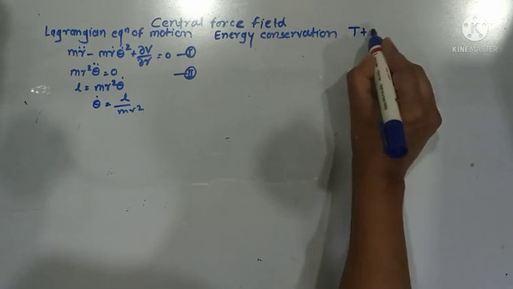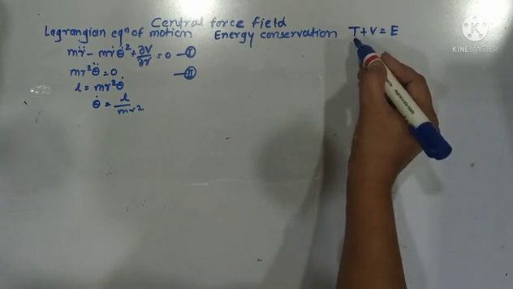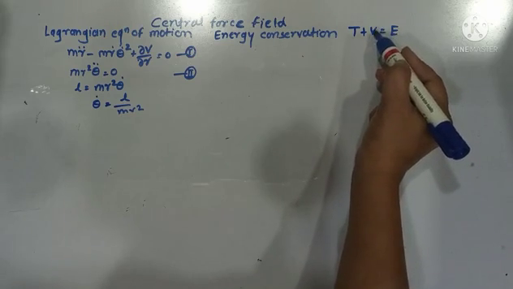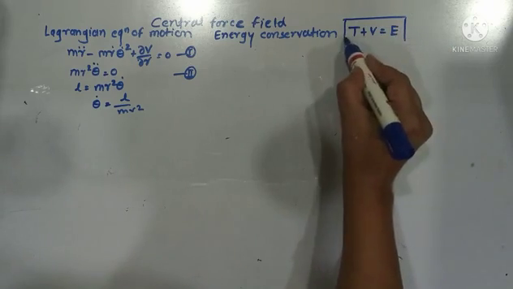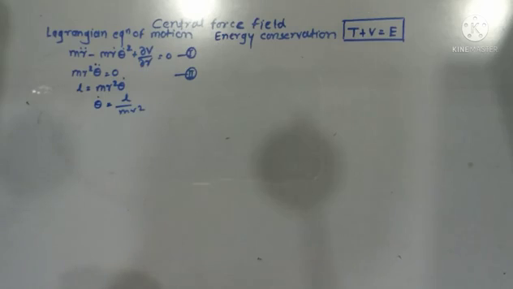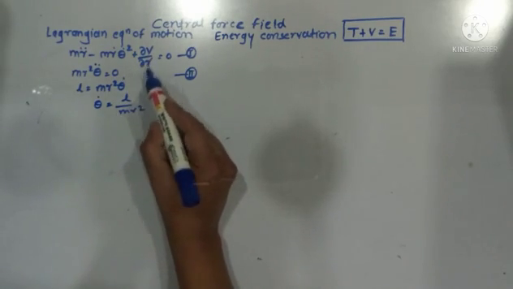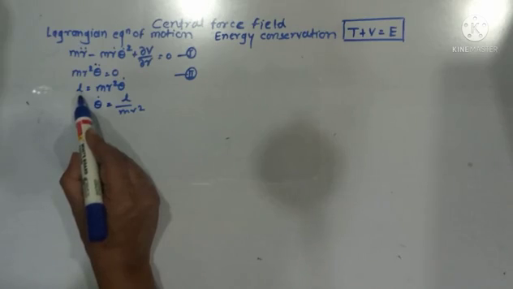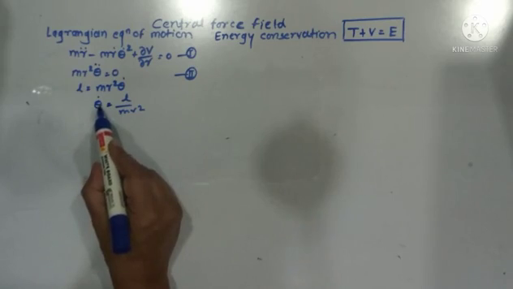This T plus V is equal to E, where T is the kinetic energy, V is the potential energy, and E is the total energy. So we have to show this term as a constant: T plus V is equal to constant. These are the Lagrangian equations of motion which we have calculated, this is the derivation for the angular momentum, and this is the equation for the angular displacement.